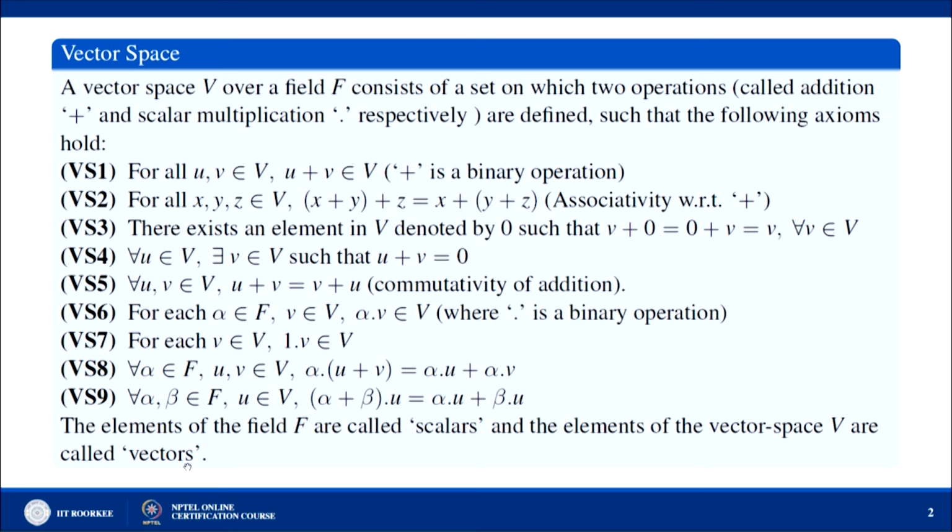These vectors are not the usual vectors which we study in physics. We simply call the elements of vector spaces vectors, that is all. So, if we are talking about a set V over the field F, we sometimes write it like this.